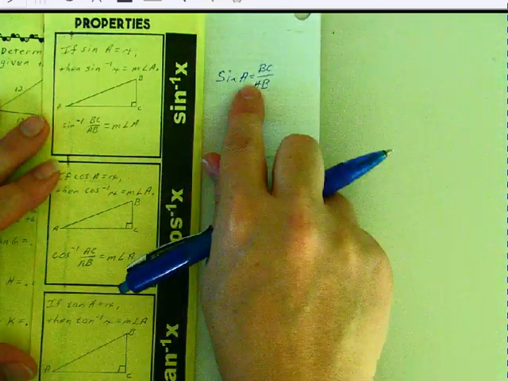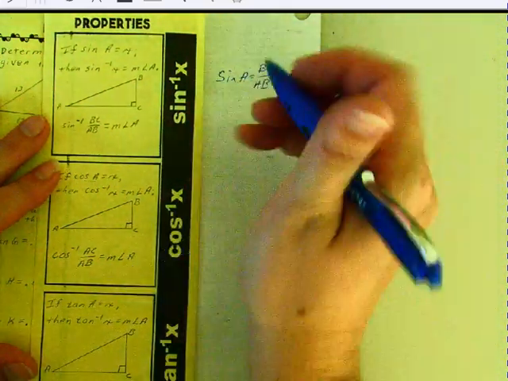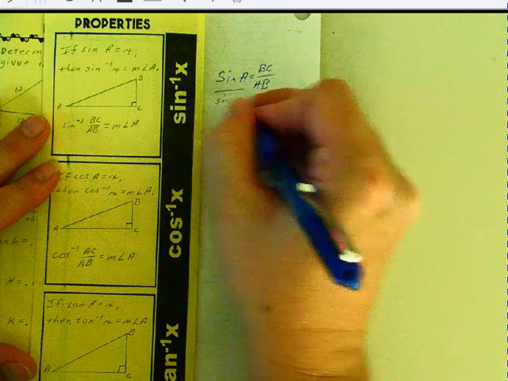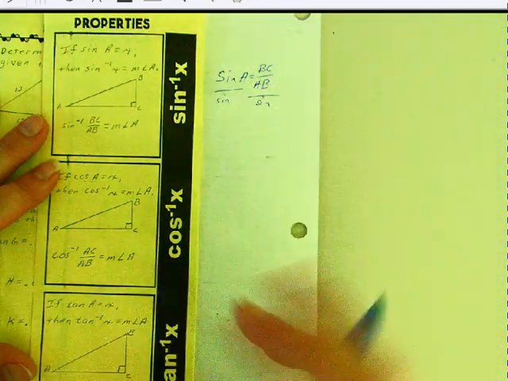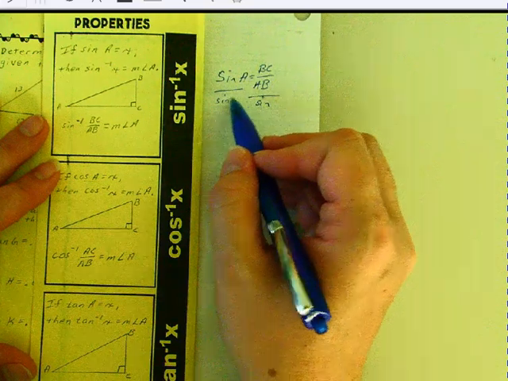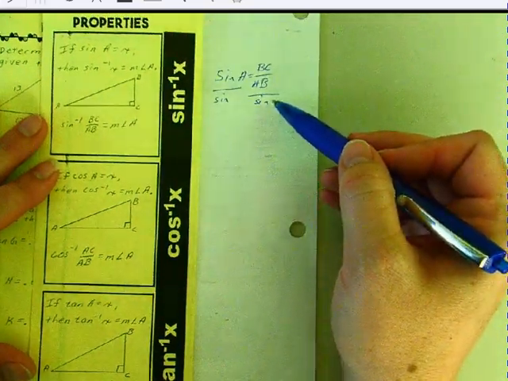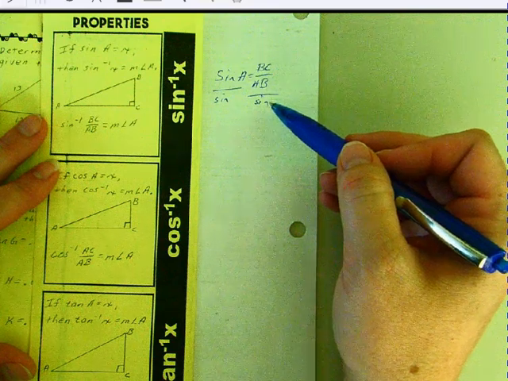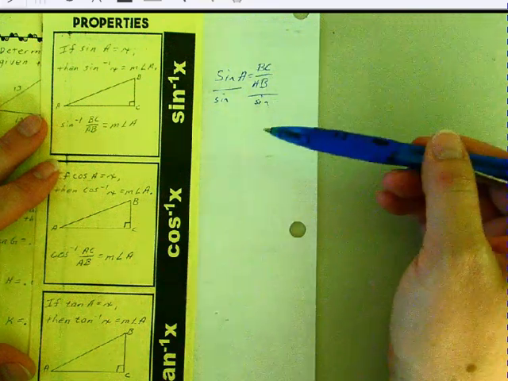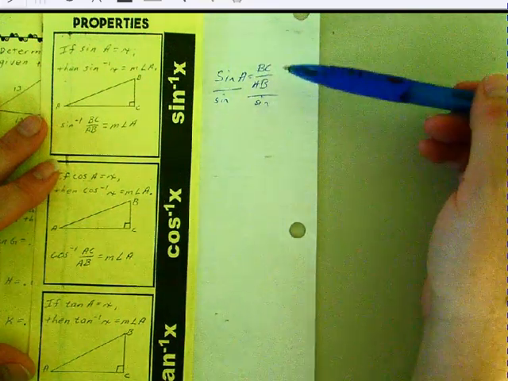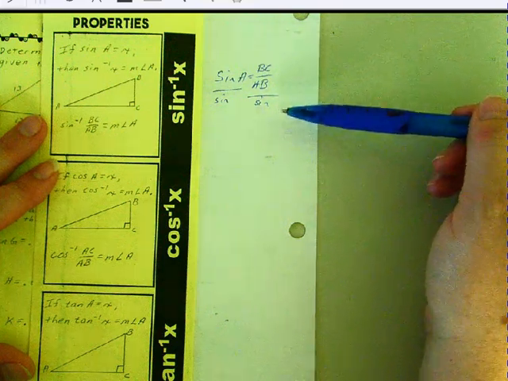Okay, if I want to find A, I'm going to have to divide by sine on both sides. Now my calculator is not going to let me do that because it always wants something at the end. So the reason why we use the -1 is because if you remember back to your exponent rules, the -1 tells me I'm going to move either from numerator to denominator or denominator to numerator.